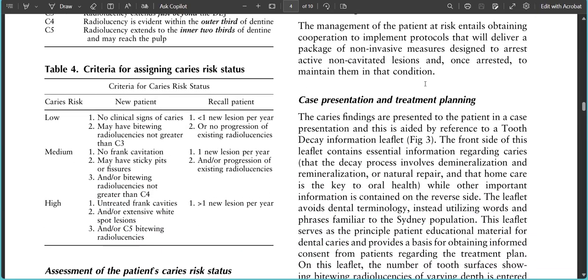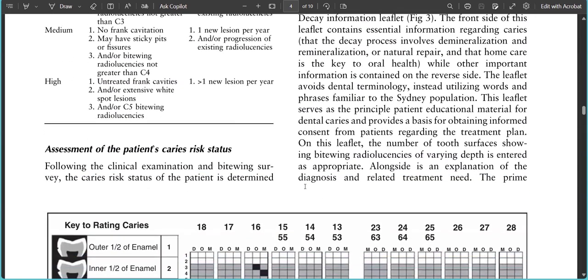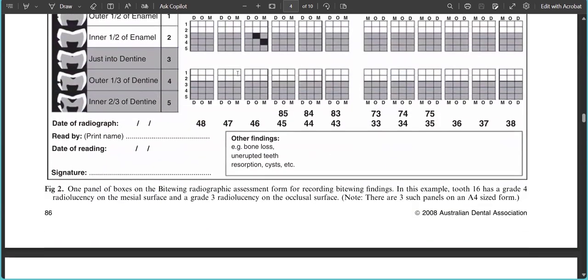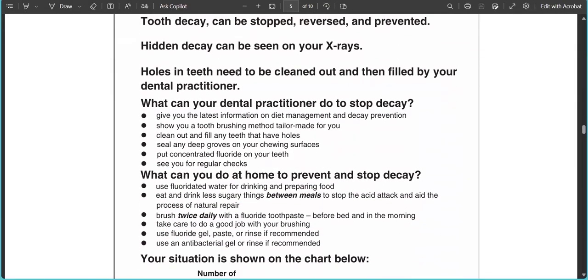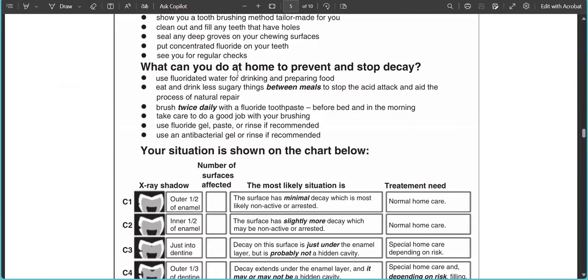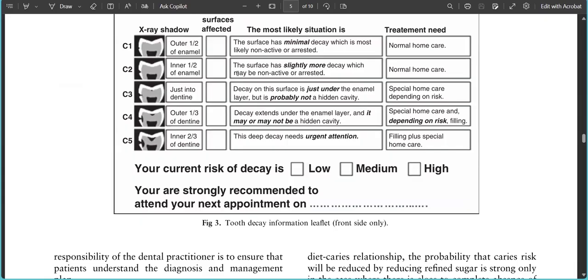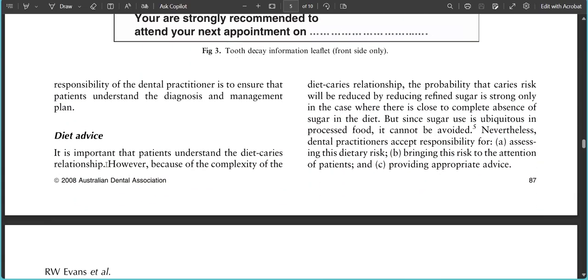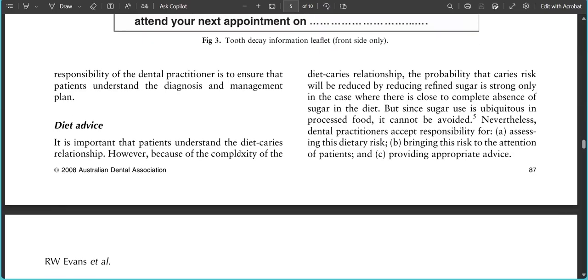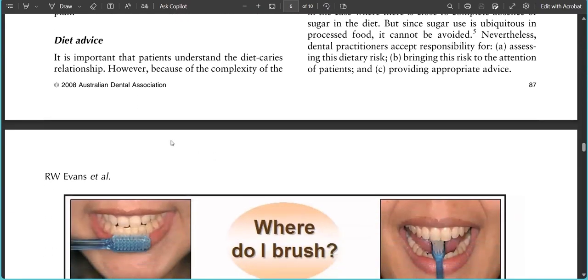So how will we do the management? It will be done according to how much caries risk they have, right? And what is the level of decay. So in the case management, as we know the 10 steps that we had, we need to give them dietary advice, which means we need to educate them about the frequency of taking sugar and the acid content in drinks, acidic and sugary, and also about the hidden sugars, which most patients are not aware of.